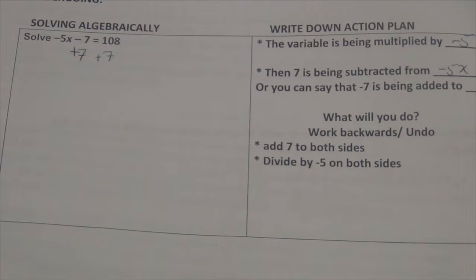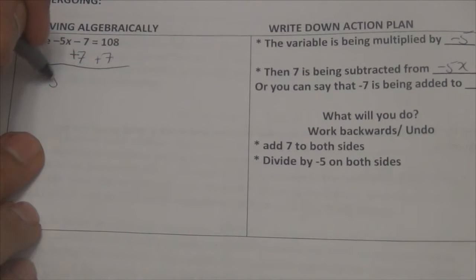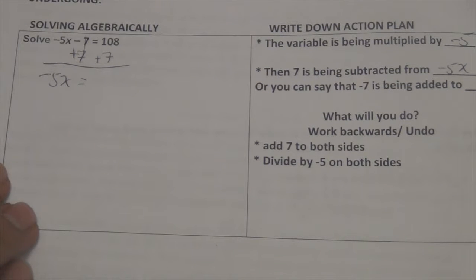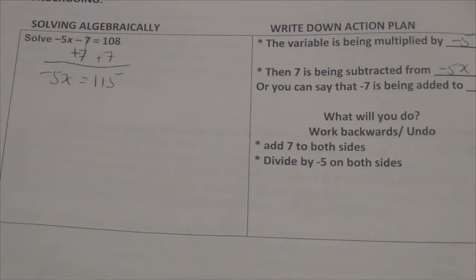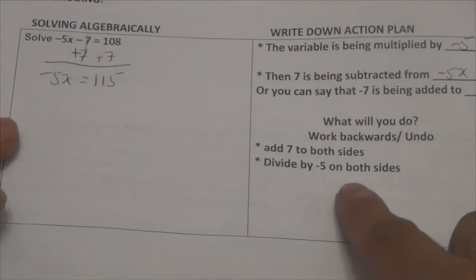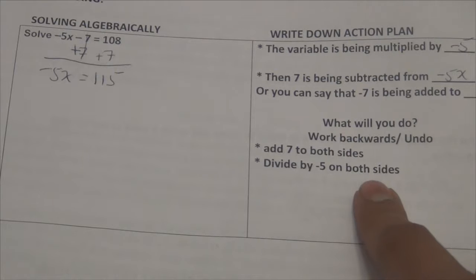So I add 7 to both sides. And then the easy way out is to divide by negative 5 on both sides.